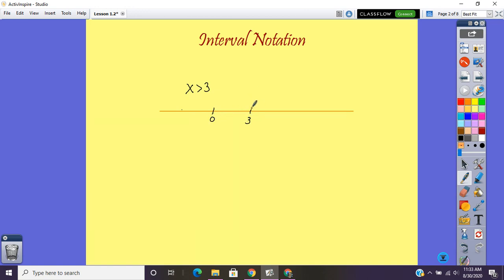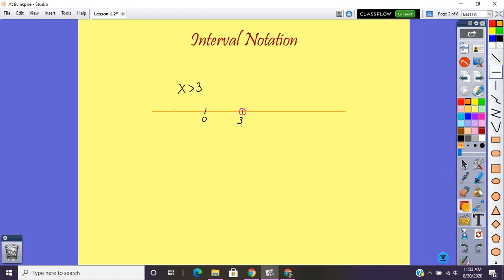And we know from past graphing that it would be an open circle on 3, because x is greater than 3. It cannot equal 3. So it's an open circle denoting it's not equal to. But then it's an arrow, since it's greater than, moving to the right.